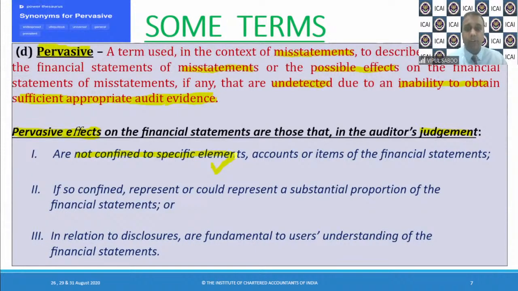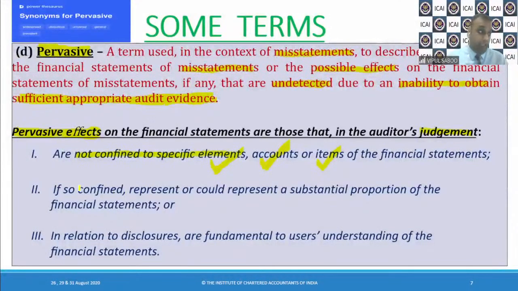Taxes, furniture, elements, accounts, fixed assets, sales account, administrative expenses accounts, or items of financial statements. So element is nature, accounts is the specific head, items are the elements falling under those accounts. So they are not specific, they are not particular to these kinds of elements of the financial statements. They are general, affecting the whole financial statements.